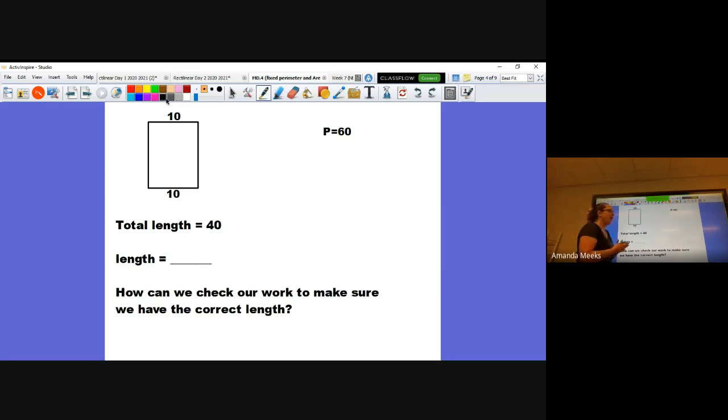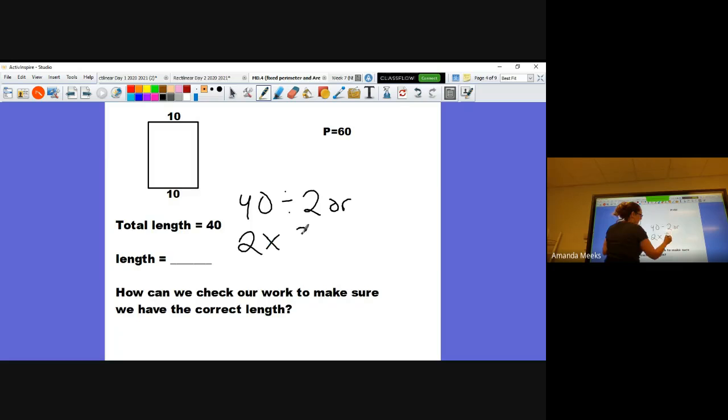Now, how many sides am I trying to find? Just one, okay? So I know that if I have a total length of 40, I need to divide 40 by 2, or you could also say 2 times something is going to give me 40. Well, I know 2 times 20 is going to give me 40, okay?